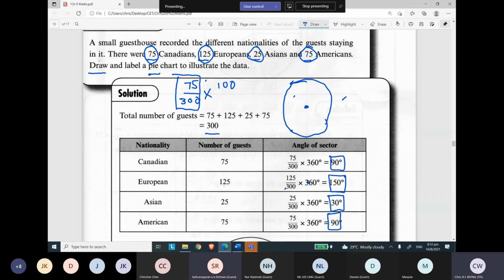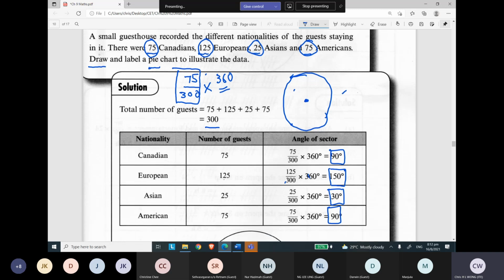But when I do that, I don't get a degree. I cannot draw on the circle. I can only estimate how many percent. But when I change it into a degree, I can actually draw it very accurately on the circle. When I use 360, I convert into a degree.